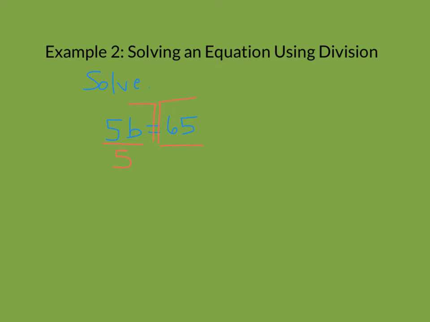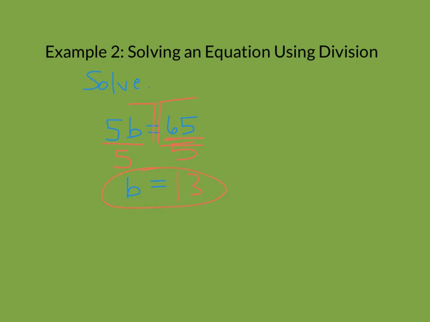So we're going to undo the multiplication right there, and that will leave us with b all by itself. Now, if I divide this side by 5, I have to do the same thing over here. 65 divided by 5 gives me 13. And I already told you that was our answer.